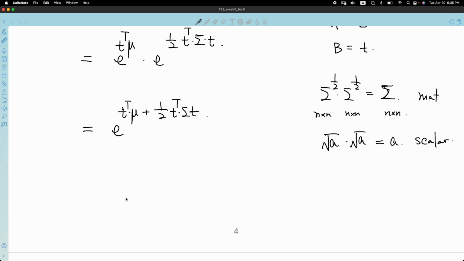In the scalar version, you will have e raised to the power of mu t plus 1/2 sigma squared t squared. This should also be coming from week 3, lecture 4. So this is the scalar version. Let me write it more clearly.